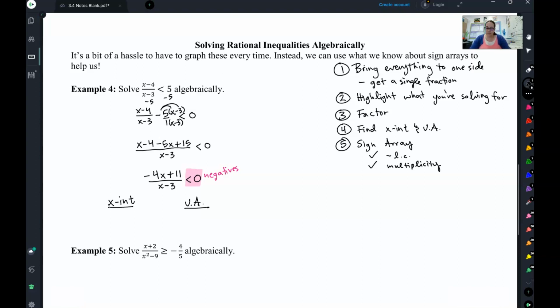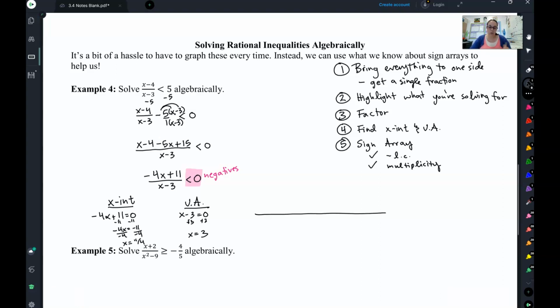Remember, x-intercepts come from where the numerator equals 0. Vertical asymptotes come where the denominator equals 0. So I solve this out. I get x equals 11/4 and x equals 3.